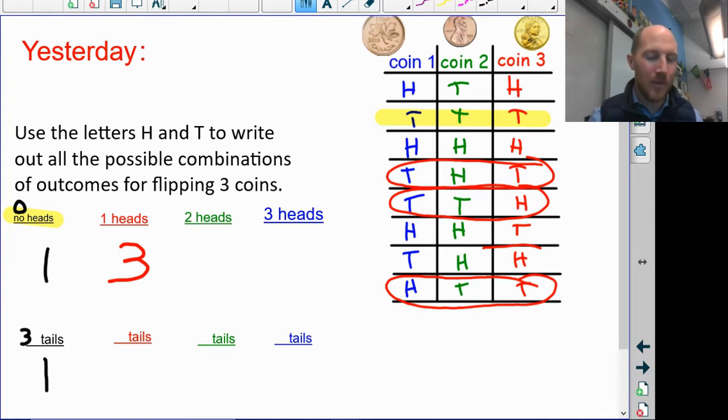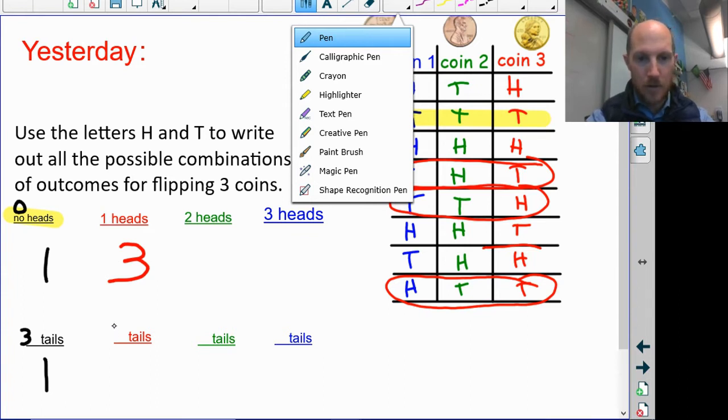It's the same number of outcomes. It's the same question, whether I say how many ways could you get no heads, how many ways could you get 3 tails? This is like, change the words. It's the same question. Okay, how about how many ways are there to get 1 head? Well, I've already answered that one. It is three ways. They're circled there in red in the outcome table. You could get tails, heads, tails, tails, tails, heads, or heads, tails, tails. Okay, so there are three of those different outcomes.